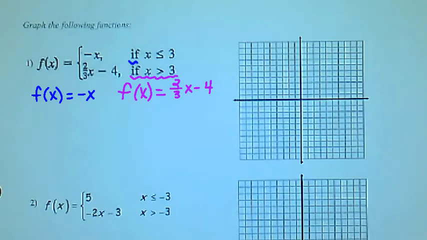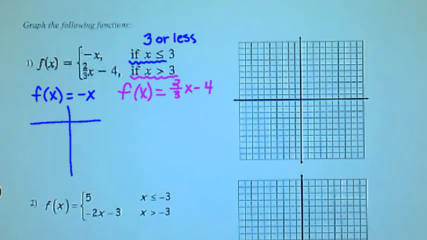Okay, so this is saying that when x is less than or equal to 3, so 3 or less, we want to know what the function is. So we put this function into our calculator, but the points we're going to make have to be 3 or less.